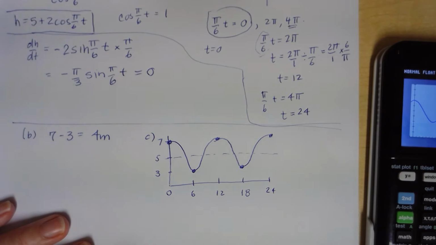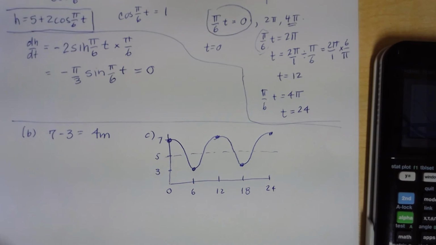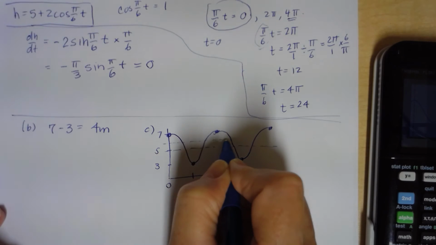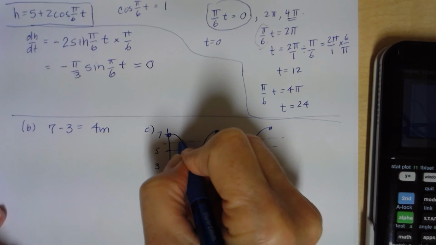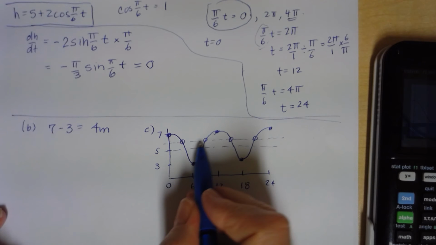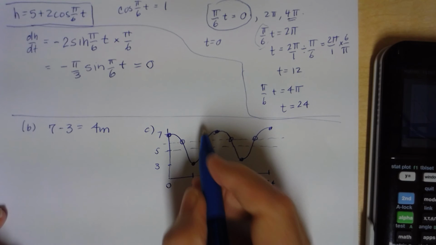That's fine. Okay, and then part D says John North knows that his trawler needs a depth of 6 meters to enter the harbor, and between what hours can he do this? And so I'm going to go 6 for my depth, and I need to find these times where I'm at 6 meters.